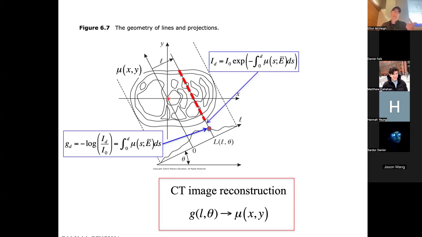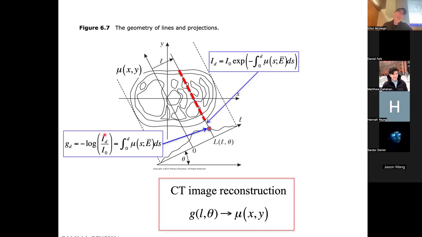Okay, so we have theta and L that parameterize the two dimensions. All of the points in the XY plane along this line go into creating this single data point, right?